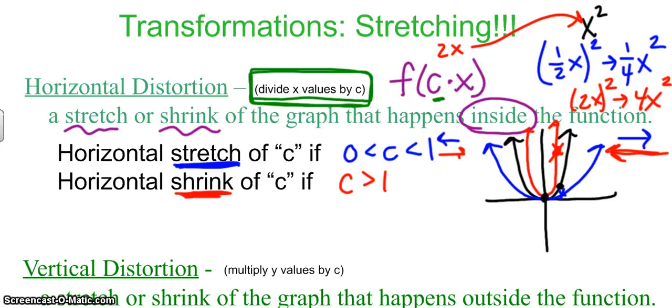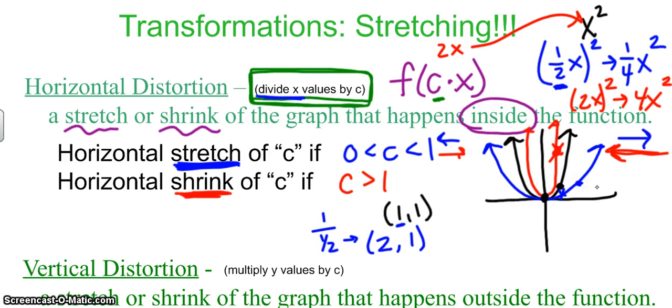So if we think about this from a points game, we have the point 1, 1. Our horizontal stretch, we had 1/2. Says divide your x value by that 1/2. Well, I'm going to take my x value, I'm going to take 1 and divide it by 1/2, which really is the same thing as 2, and I haven't changed my y value at all. So the point 2, 1 lies on the graph.